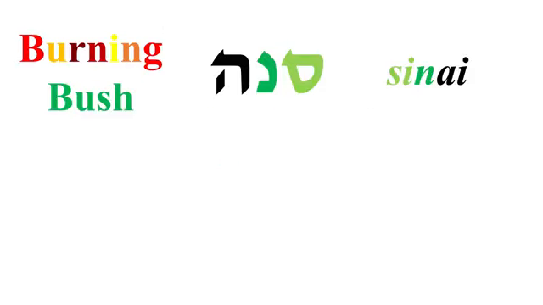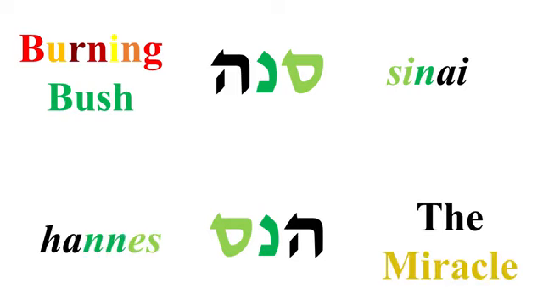By the way, that word Sinai, okay, is Samek, Nun, Hey. If you write that word backwards, Hey, Nun, Samek, you get the word for the miracle. And that is a pretty big miracle, that a bush is on fire, but it is not consumed.